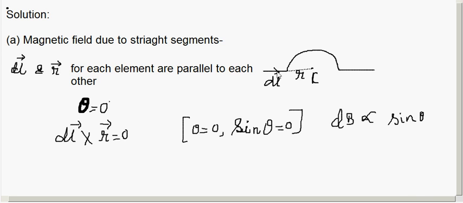Because the current element and the distance vector are parallel to each other in the case of a straight segment, the straight segments do not contribute to the magnetic field at the center of the circular arc.